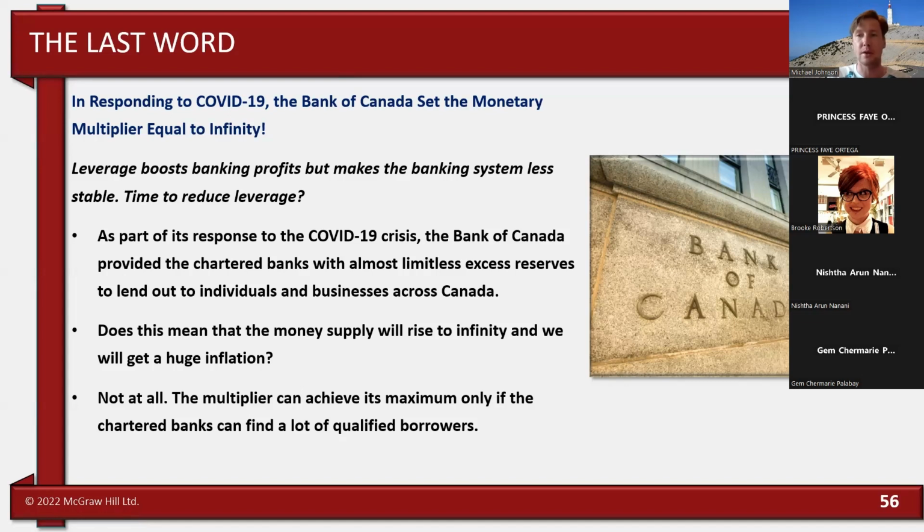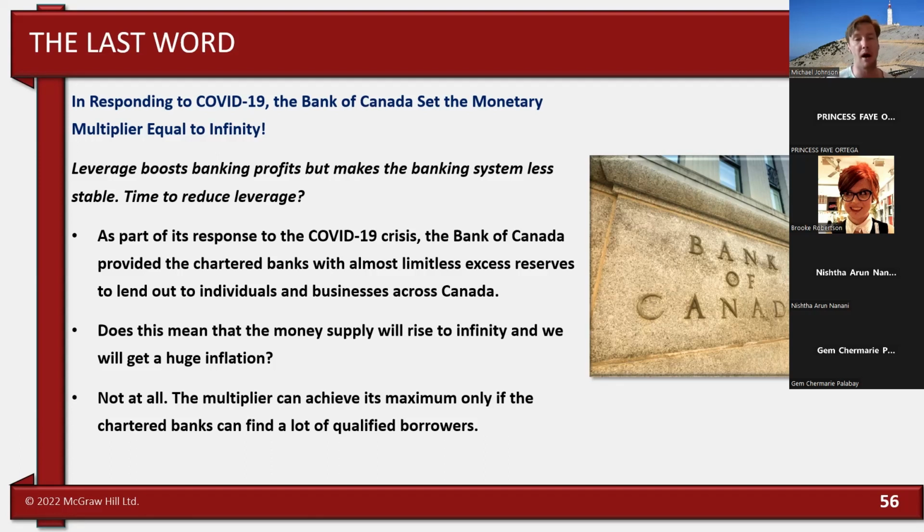They had a program called Infinite QE. That means that they were printing so much money that it was infinite, basically.